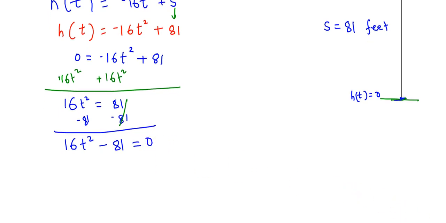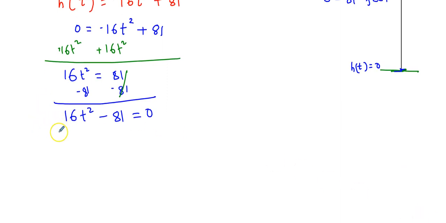Then we can see that the 16t square and 81, those two are perfect squares. So I will write this as 4t whole square, since 16 is 4 times 4 and t square. So it is 4t whole square minus this 81 is 9 square.